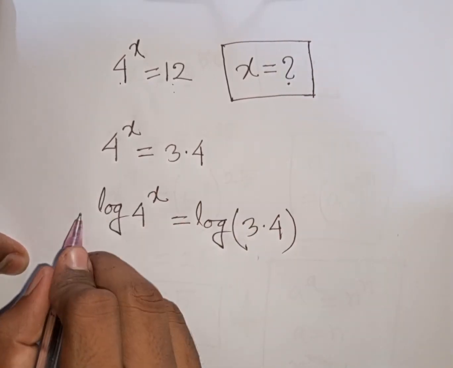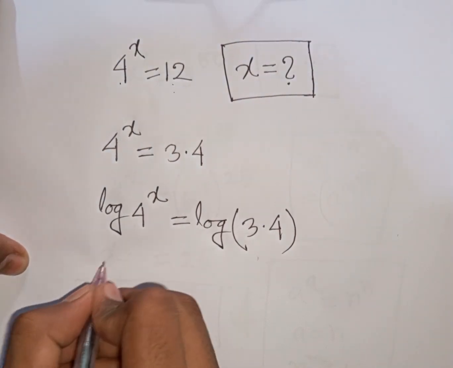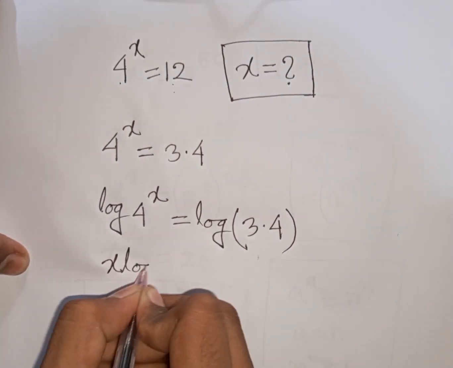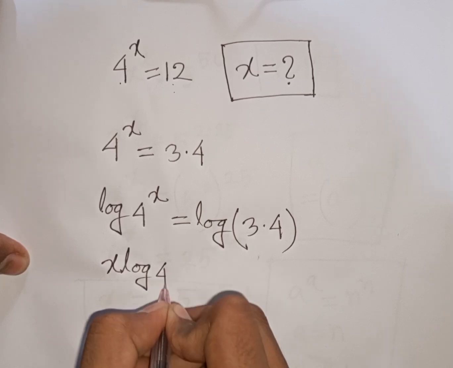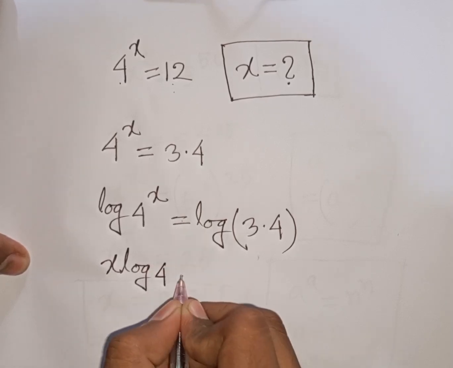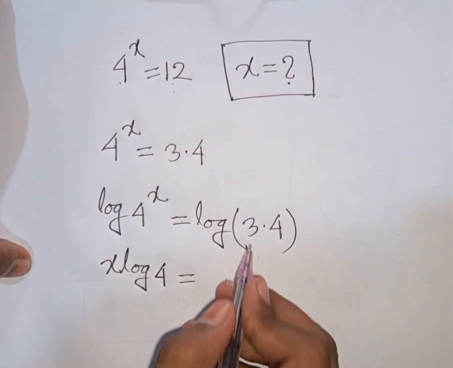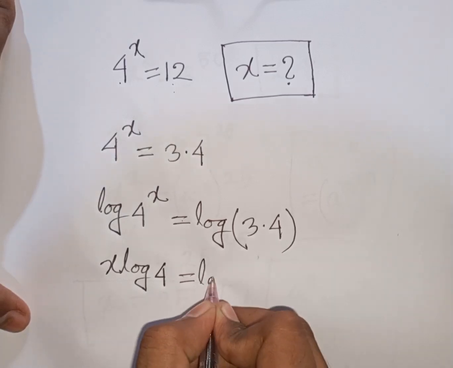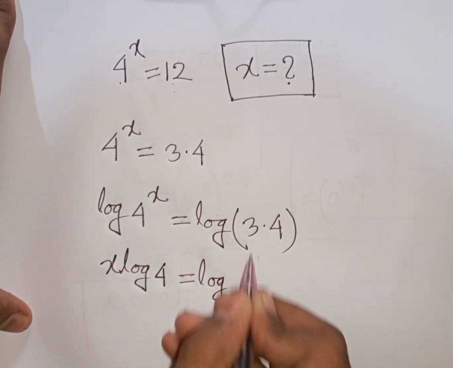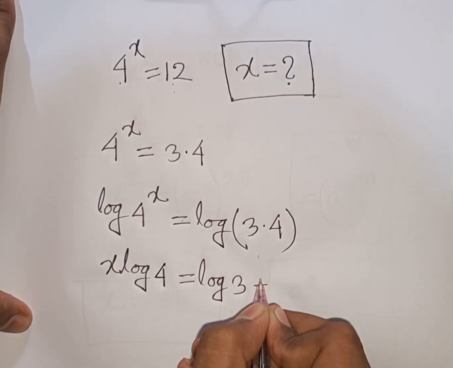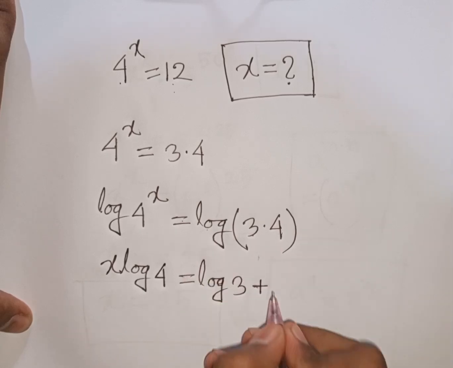Now this power x will move to the front, so you can write here x log 4 is equal to log of 3 times 4, that means it will be log 3 plus log 4.